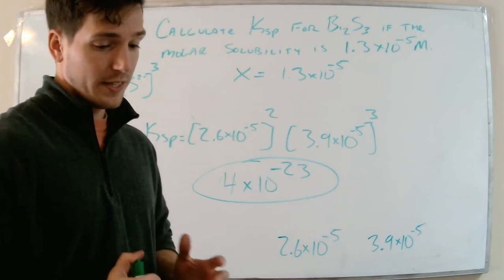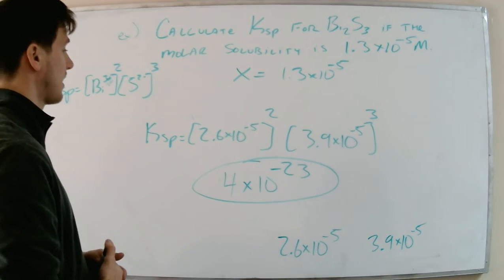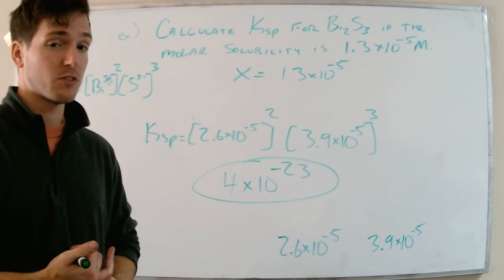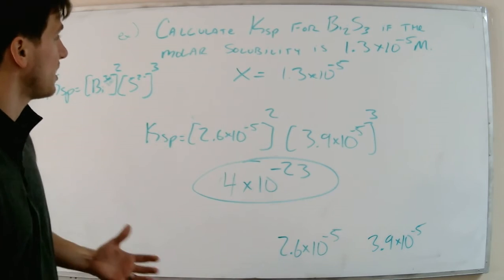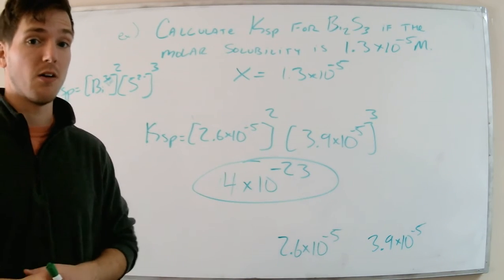That is a really, really small Ksp. But that's how it goes, okay? So again, molar solubility can mean x if they don't state otherwise. Molar solubility could be the equilibrium concentration, like in our last example where it said molar solubility of Cl minus.